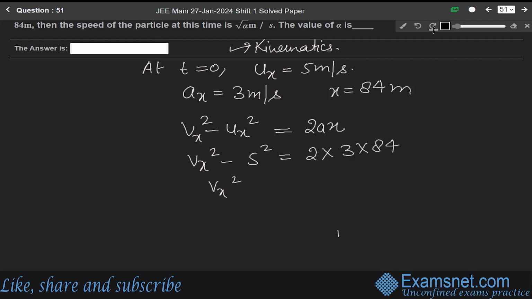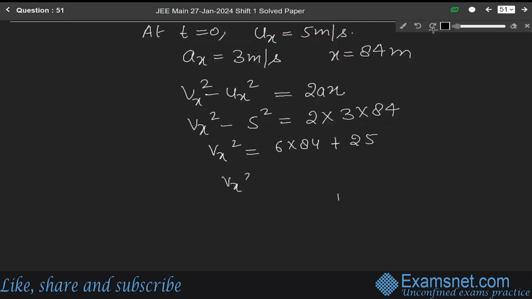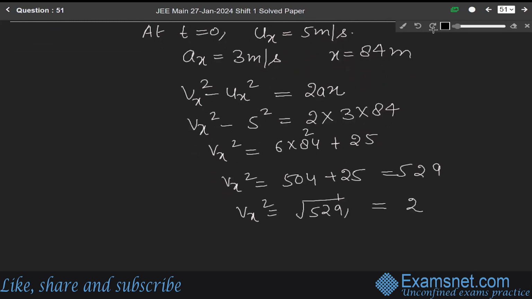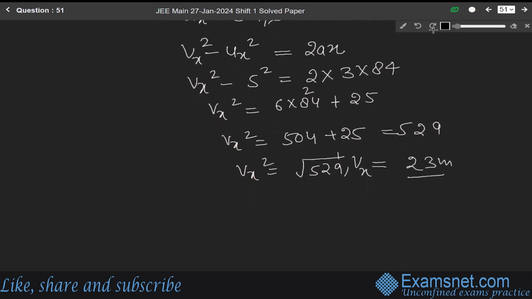So vx square is equal to 2 into 3 into 84 plus 25, this will be added. So vx square will be equal to 504 plus 25, it is equal to 529. So vx will be equal to the square root of 529, so vx is 23 meter per second.